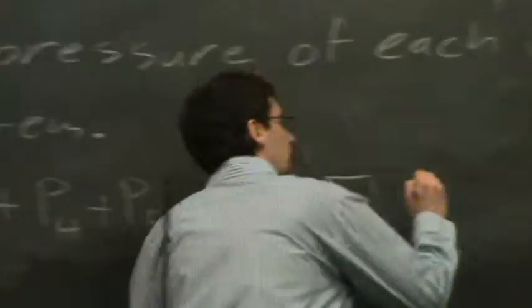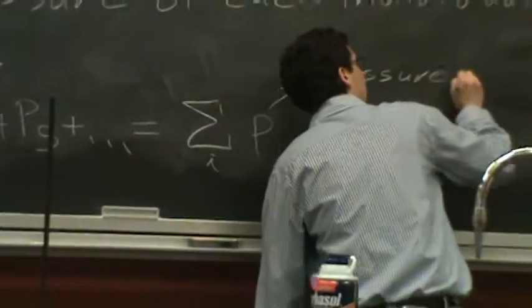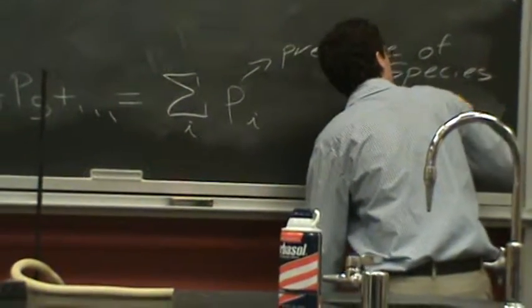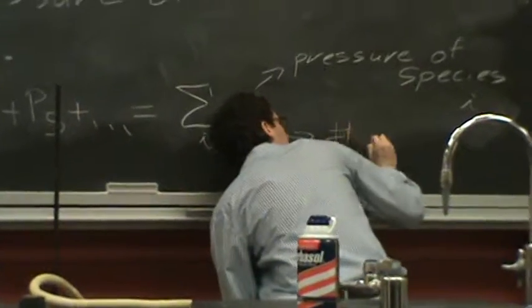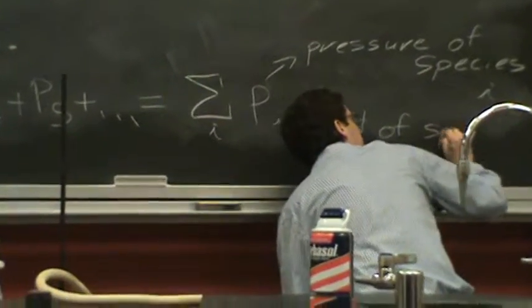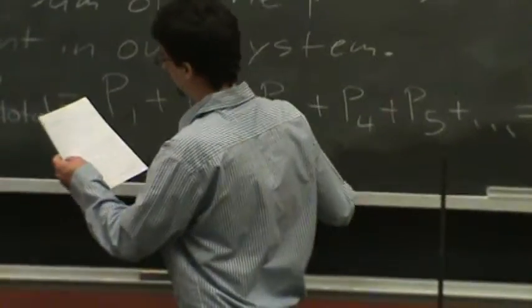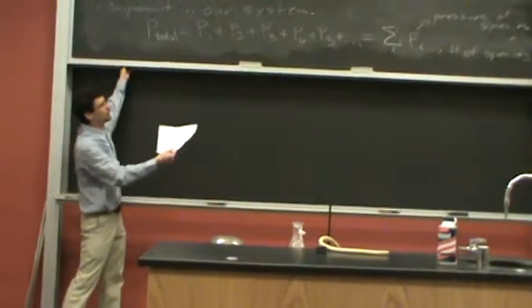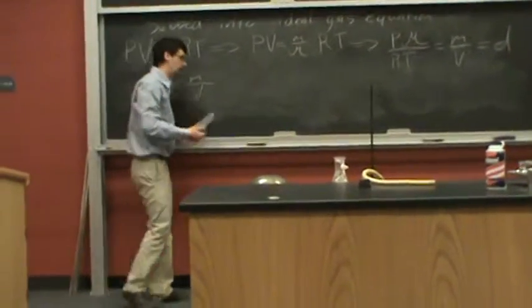So this will be the pressure of species i, and this is the number of species, the different types of gases that we have. That will be known as the partial pressure of the species, each of those P sub i's.